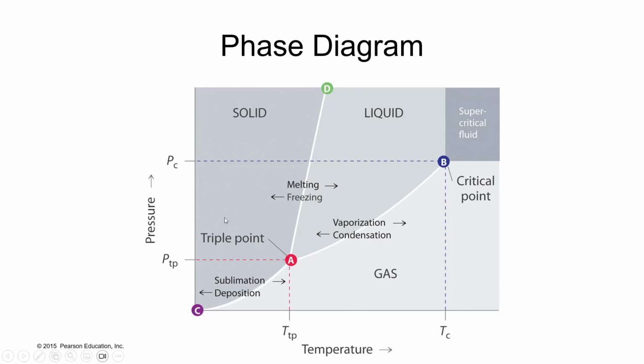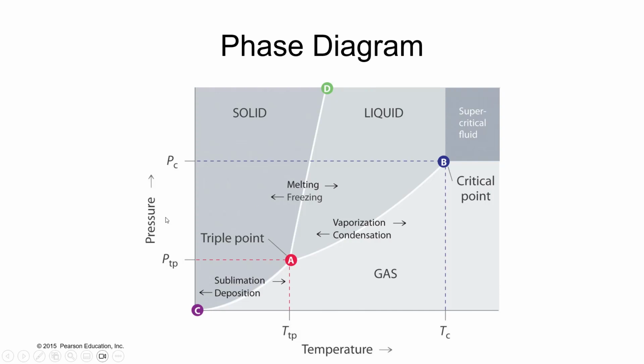If a substance is held at a constant pressure and the temperature increases, we're eventually going to see melting. If a substance is held at a constant pressure and the temperature decreases, we're going to see freezing. Melting is taking a solid to a liquid, while freezing is taking a liquid to a solid.